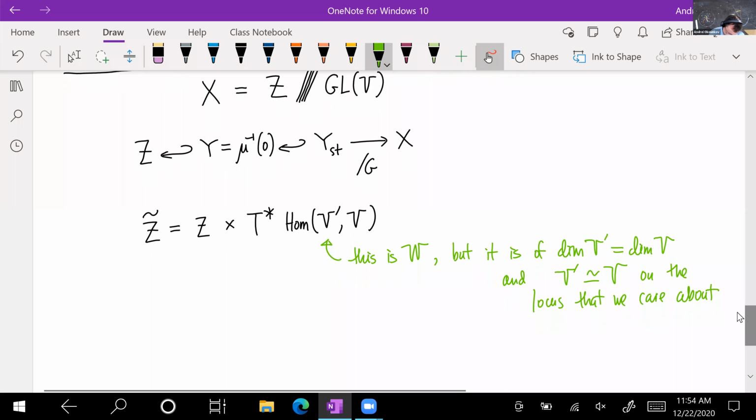So then there is also, similarly to here, an extra action.